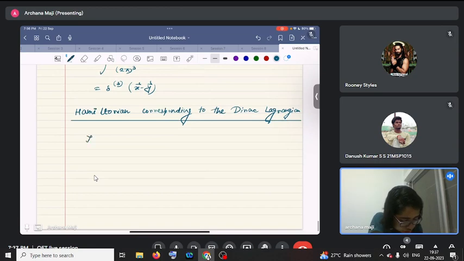So Lagrangian density is psi bar (i gamma^mu del_mu minus m) psi.